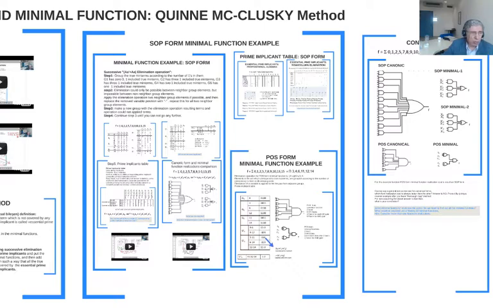What is this minimal function? This minimal function should be equivalent to the given function, and this minimal function must have a minimal number of sum terms in it, and each sum term has the minimum number of variables in it, very similar to the other one.